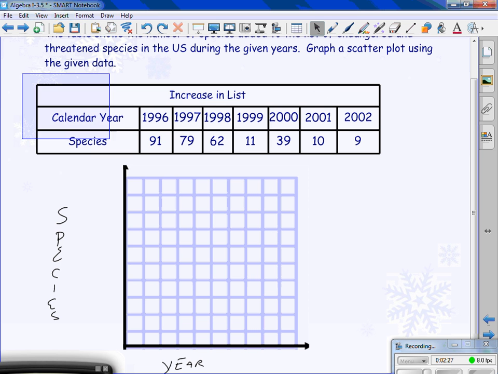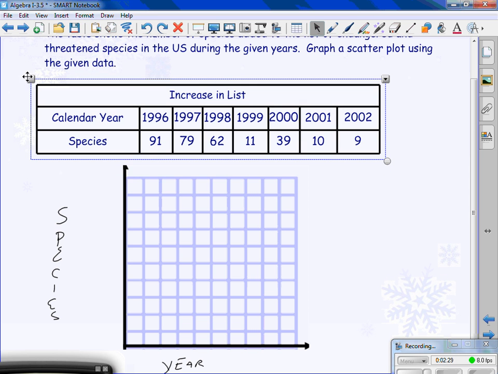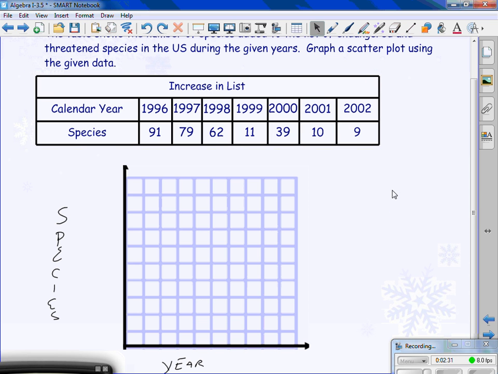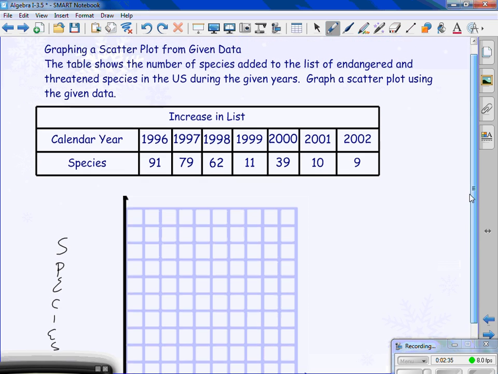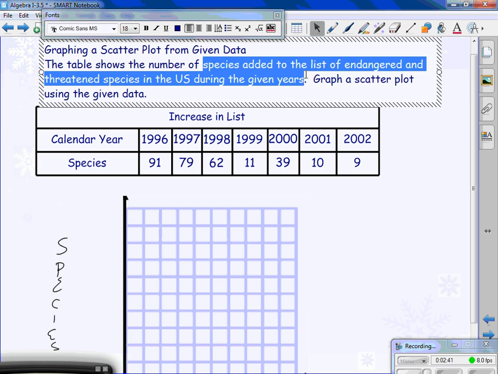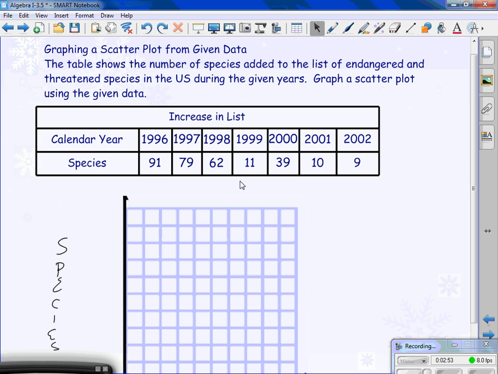What would be a title for this graph? I would probably use that as my title.